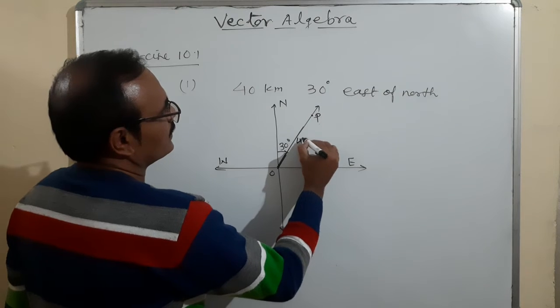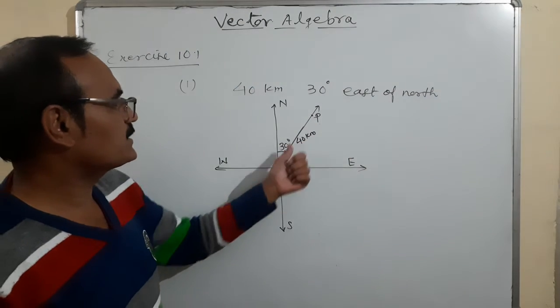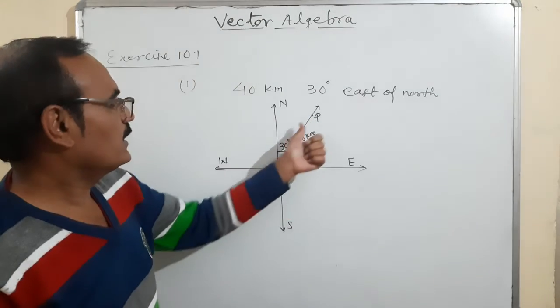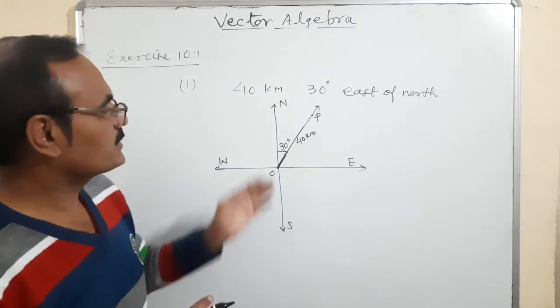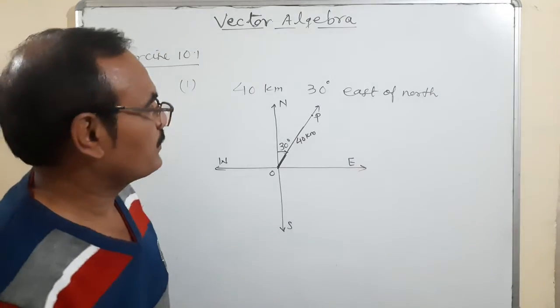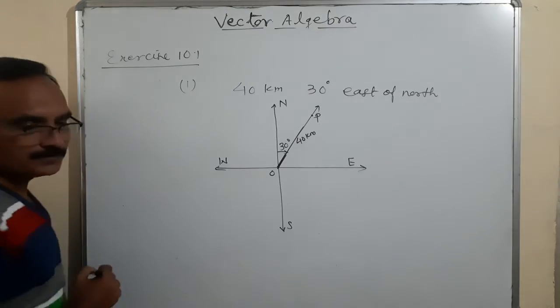This is 40 kilometers. So this is the representation of the point P, which is 40 kilometers from this point, and it is 30 degrees east of north. This is the geometrical or graphical representation. It's okay, right? That's question number 1.